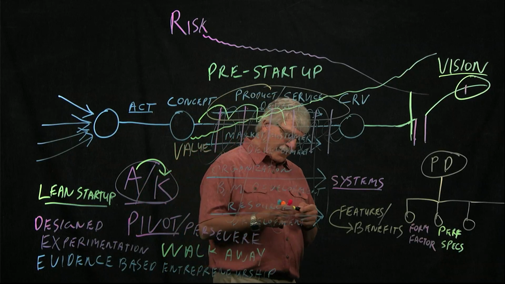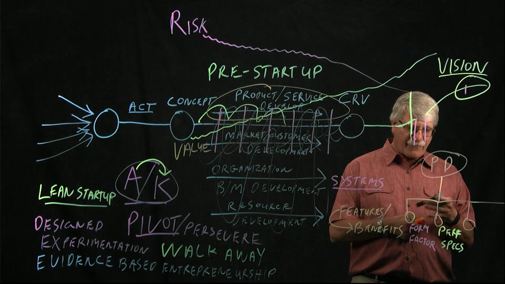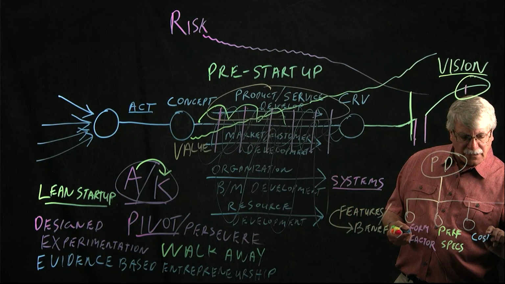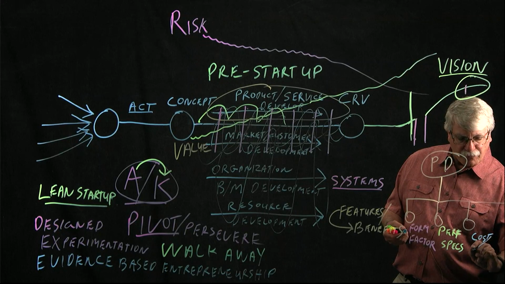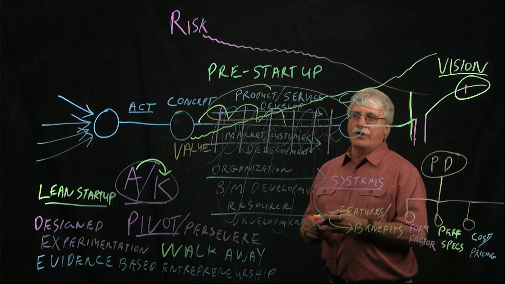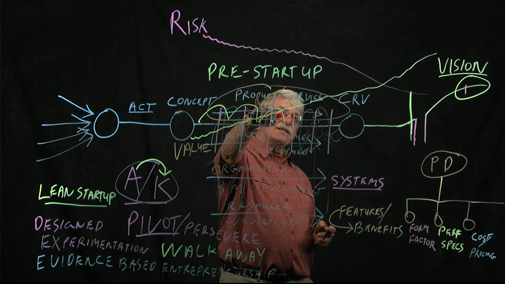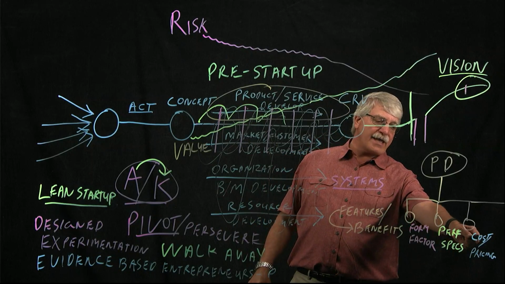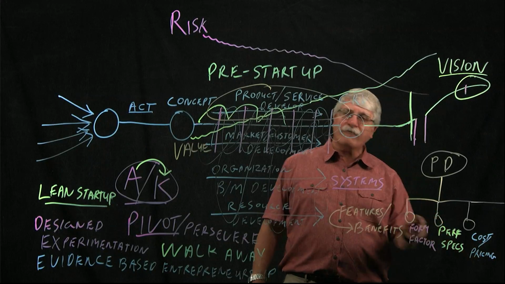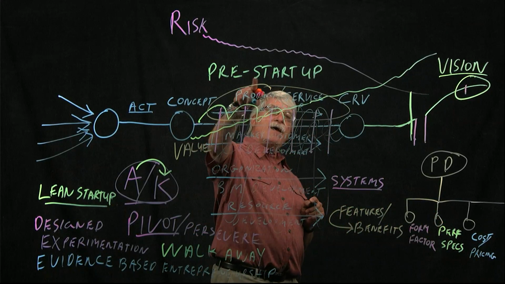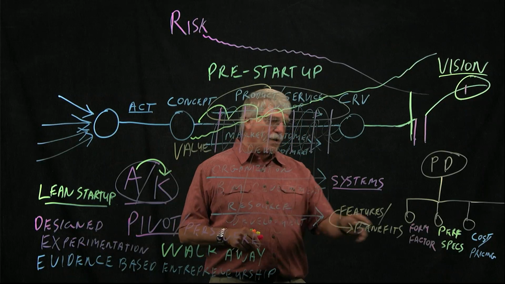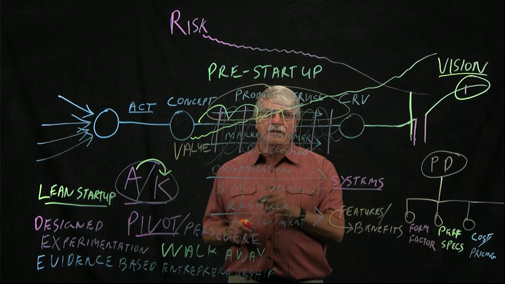Other elements of your product design or product development are things like cost and pricing. You can develop a very fancy product, but if you can't get it at an appropriate cost so that you can offer it at an appropriate price, no matter how good your product is, without an appropriate price, it's not going to see the light of day.